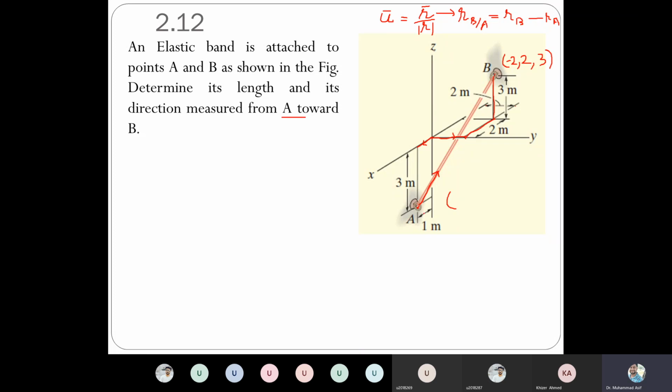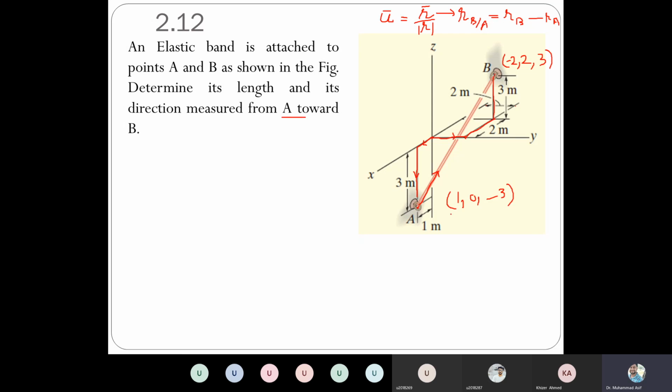This distance is equal to this one, 1, so 1i, and then we have to move down, down means in k direction, 3k. So j is equal to 0, because we don't need to move in the y direction. We just start from the origin: 1i minus 3k. So 1, 0, minus 3.